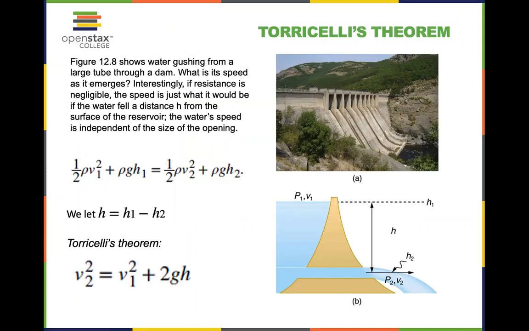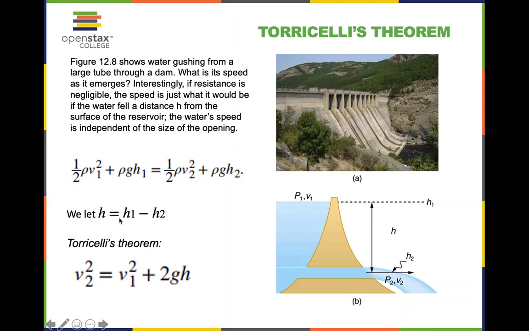Torricelli's theorem: figure 12.8 shows water gushing from a large tube through a dam. So what is the speed as it emerges? Interestingly, if resistance is negligible, the speed is just what it would be if the water fell from a distance h from the surface of the reservoir. The water speed is independent of the size of the opening. So again, we're following this equation here.